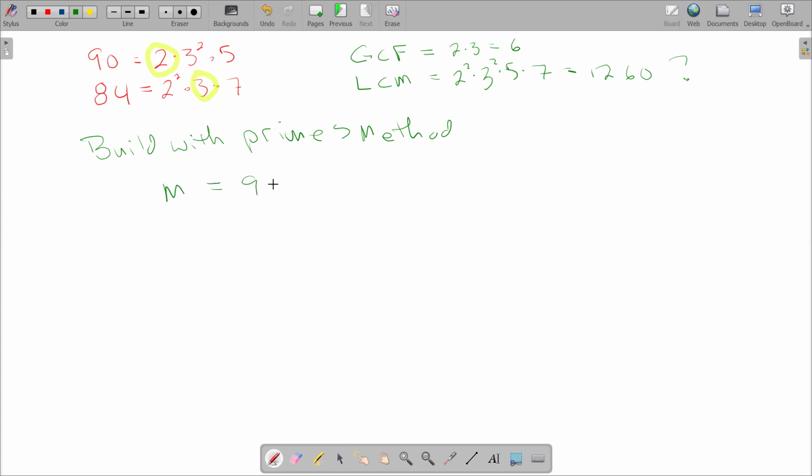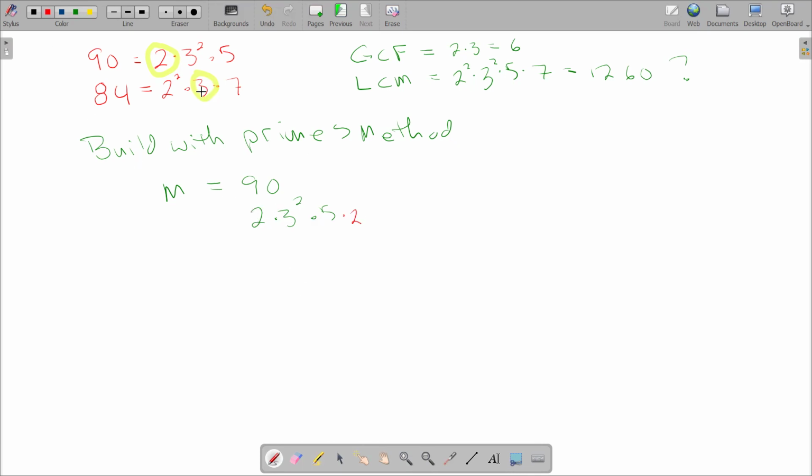So that means all of 90 must be in that multiple, which is 2 times 3 squared times 5, right? So that's step 1 of finding my multiple. Step 2 is to look at the other number, 84. So 84 says I need a 2 squared. So I look at what I have, don't quite have that. So for 84, I'm going to have to multiply it by another 2 to get a 2 squared.